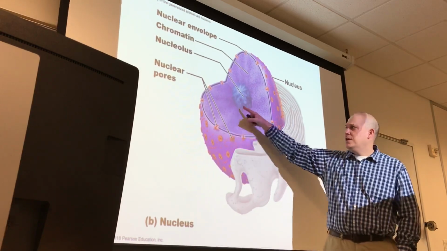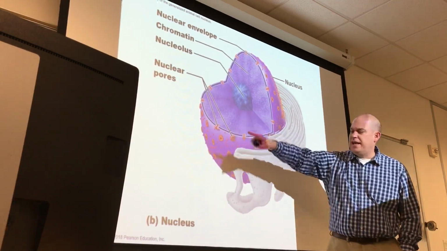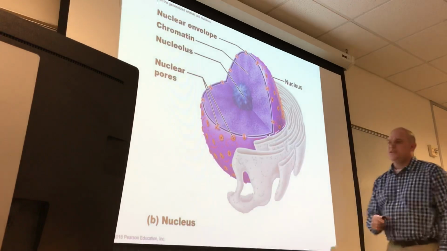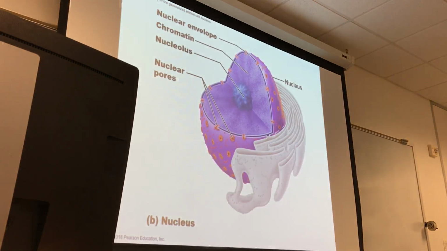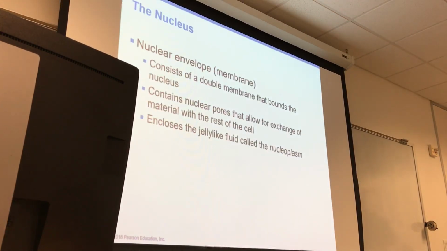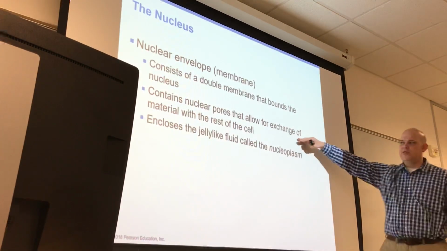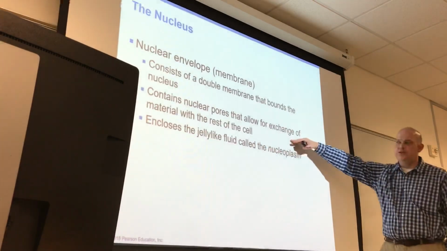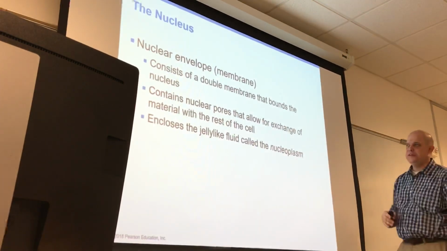These pores allow material from the nucleus to exit out into the cytoplasm. So it makes the nucleus permeable. That envelope, again, is a double membrane that consists of little pores that allow things to move in and out of the nucleus, specifically out of the nucleus.